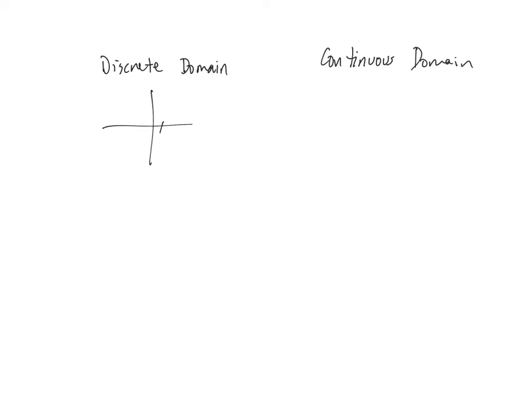Discrete domain is if it was just points. Continuous domain is if it was some graph where it's continuous, it's all connected. Okay, that's for a graph.